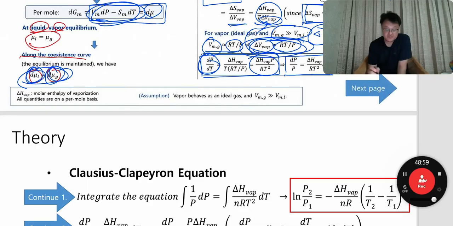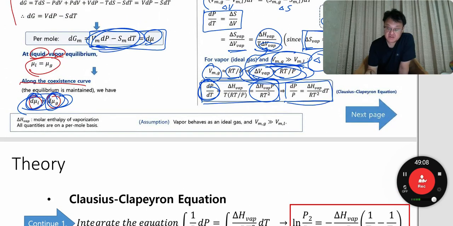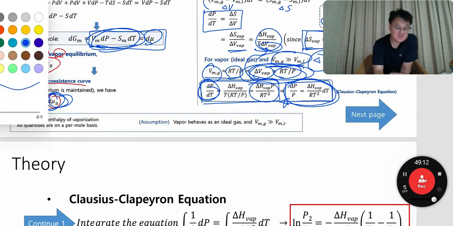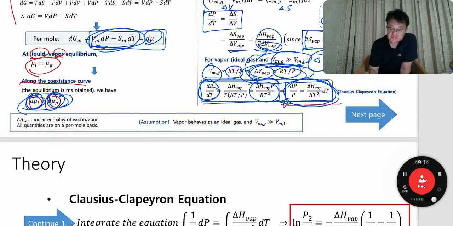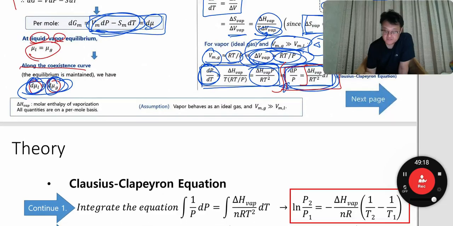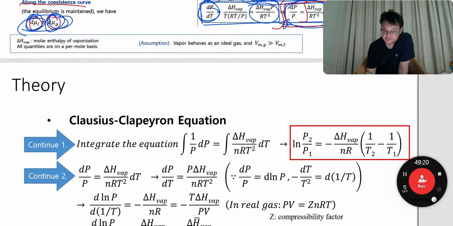Okay, and ultimately you have this equation, right? You have this equation, and then you make an integral. Integrate the equation, and then it becomes like this, okay.